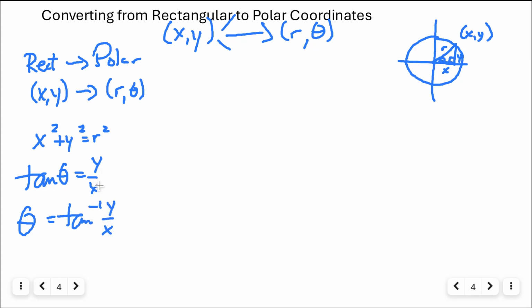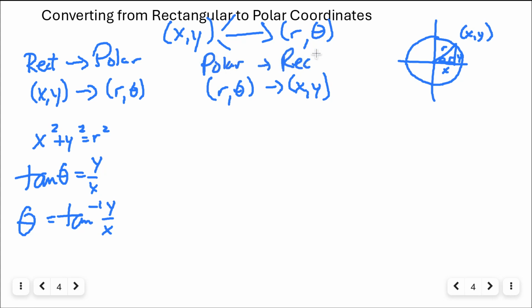So if I know what y is and I know what x is, and I take the inverse tan and find the angle for this ratio, it would tell me theta. And then I'd have a point with a radius and an angle theta. So I'd take this point and convert it to polar.